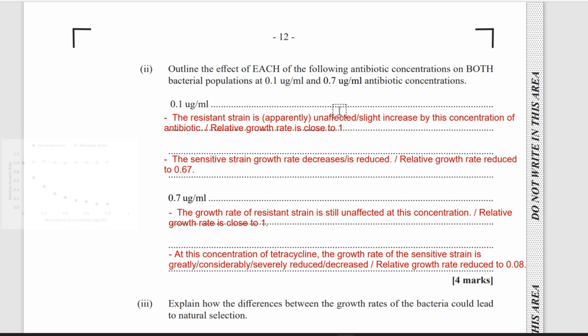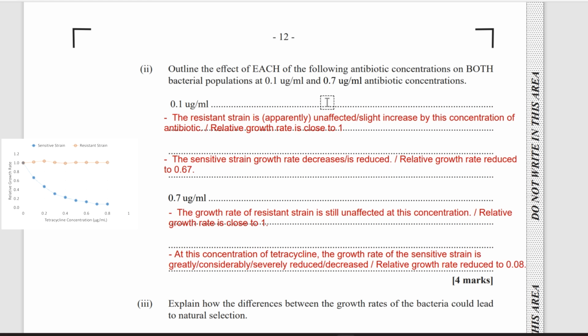We could see here that the resistant strain is apparently unaffected. It has a slight increase or slight fluctuations with this increase in antibiotic. And the relative growth rate, from what you're seeing on the graph, is close to 1. By the end of it, it's hovering around 1.01.